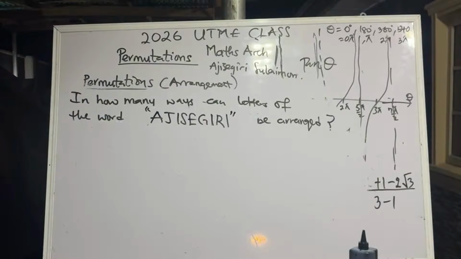Ajishegiri. That means repetition cannot be allowed as a distinct option. Who is done in the comment section?